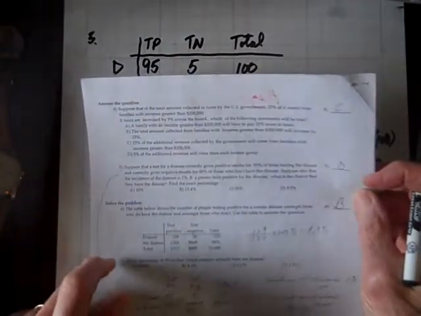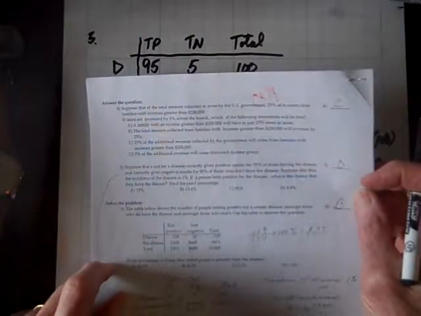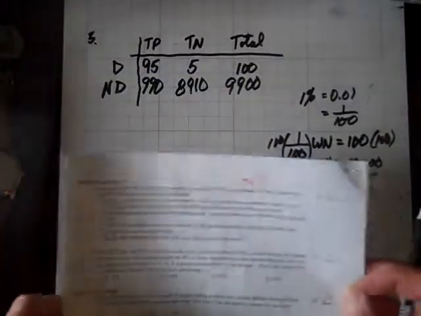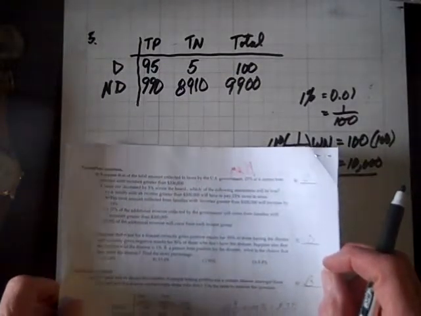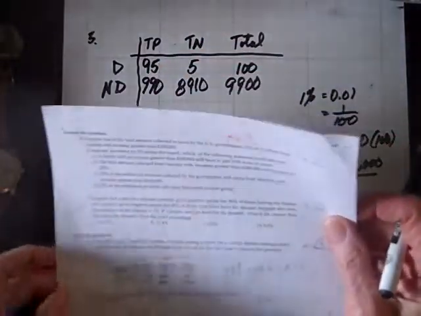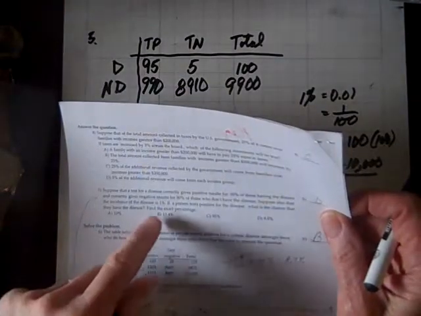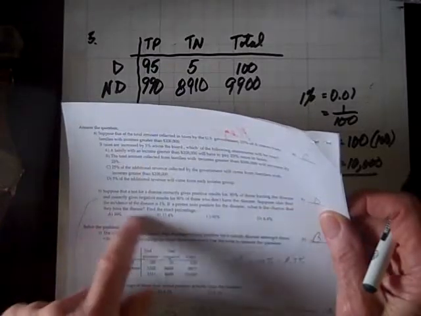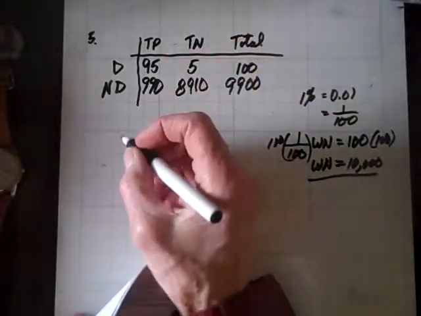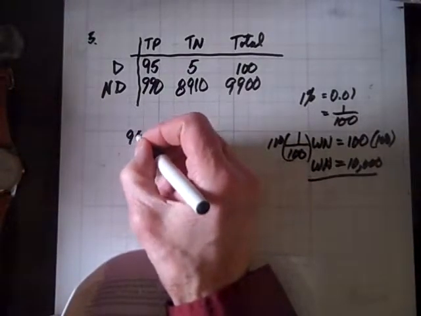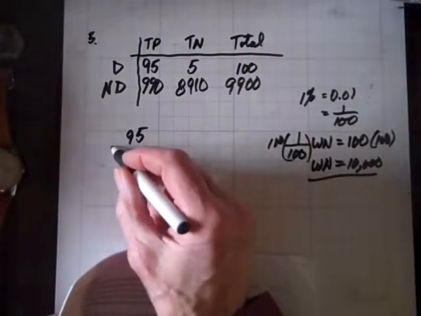Now we've got our data, we can answer this question. And the question is, if a person tests positive for the disease, what is the chance that they have the disease? Well, let's add these up. There were 95 that tested positive that actually have the disease.